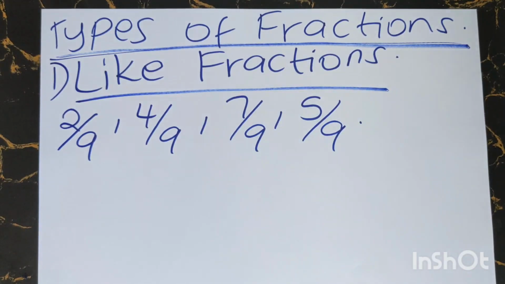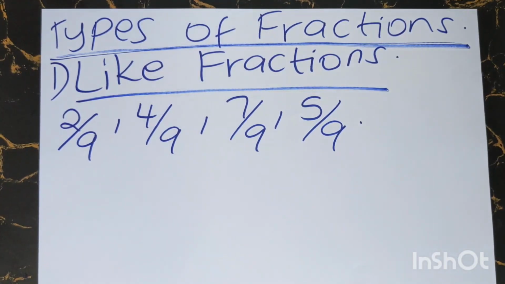In this example, for instance, you can easily tell which fraction is bigger than the other, or better yet, you can easily arrange these fractions in ascending or descending order because you're only focusing on the numerators, okay? If you know how numbers follow each other on a number line, you can easily arrange like fractions in order.